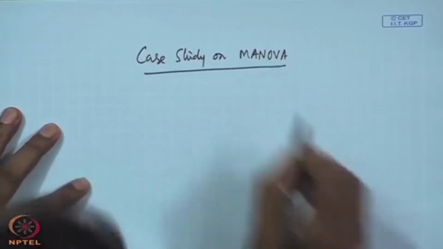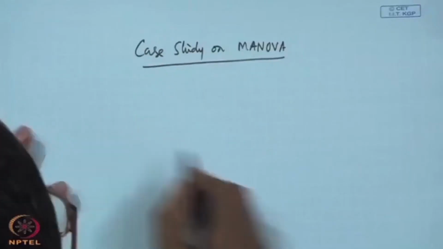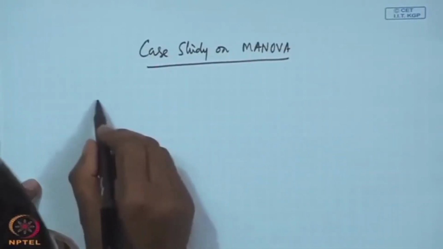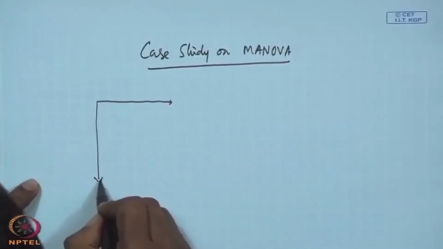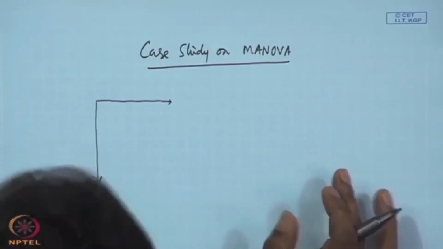I think you have not forgotten MANOVA, and I will spend just 5 minutes discussing the basic concept. Then we will go straight to the case study, because the details of MANOVA are already given to you.